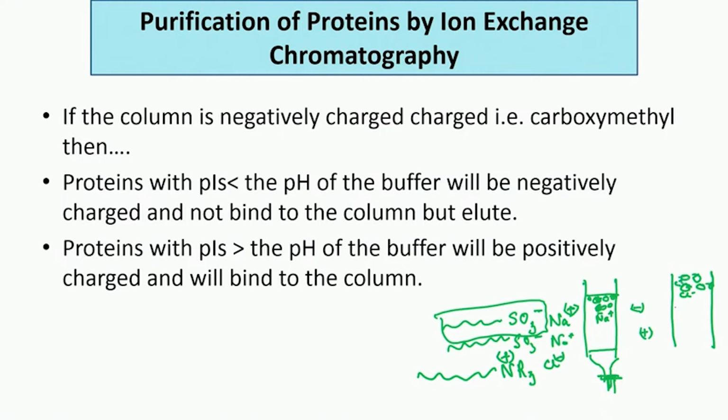Okay. Now, what will happen when you add the protein solution here? When you add the protein solution, say at an acidic pH, proteins are expected to be positively charged, because I said that the isoelectric points of proteins are usually greater than 4 or 5.